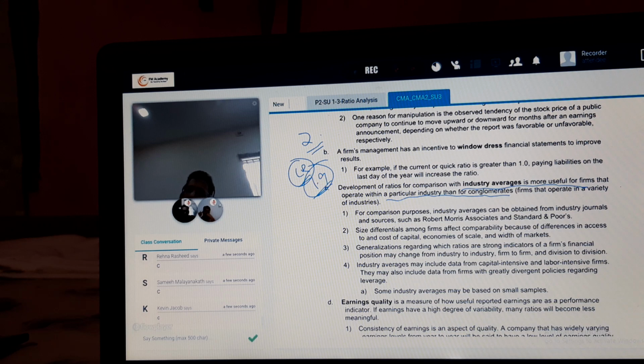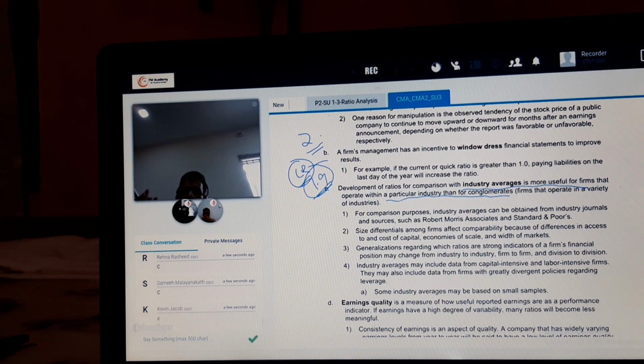And when you develop the comparison, you have other concerns, like the industry average may be based on a not so representative sample of the industry. They may be taking one or two big companies and giving that out as the industry average.